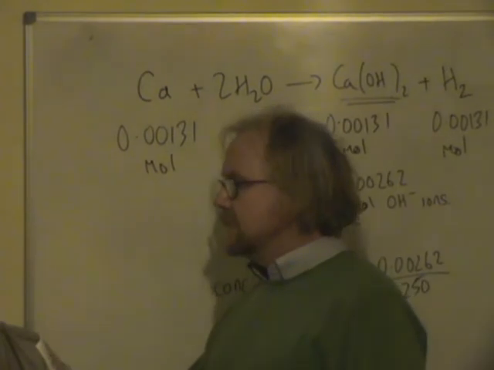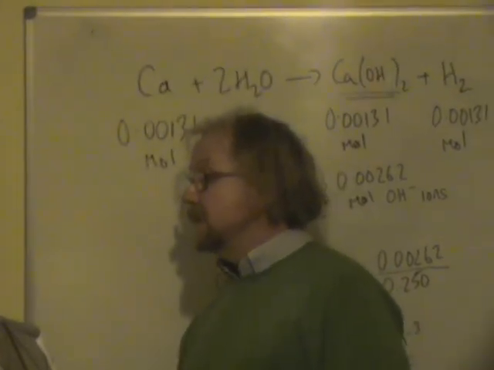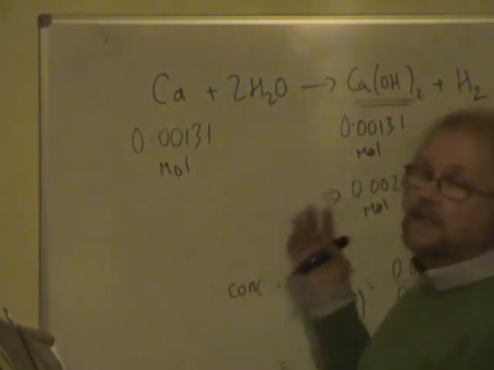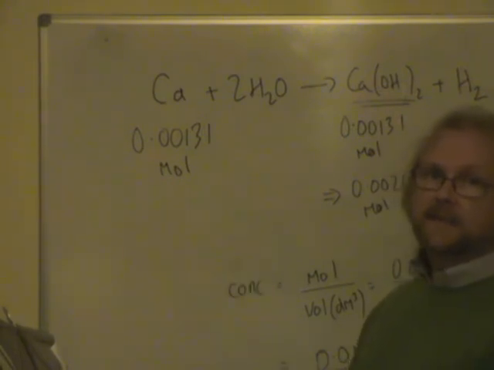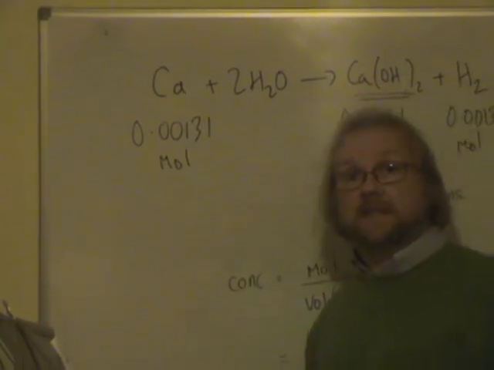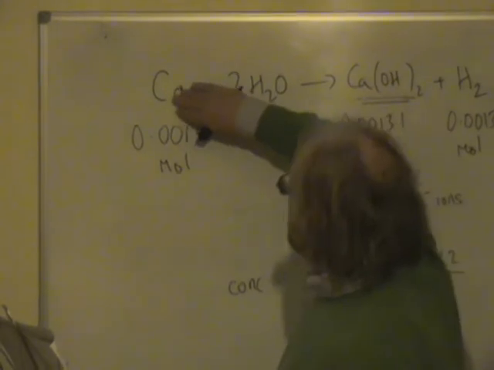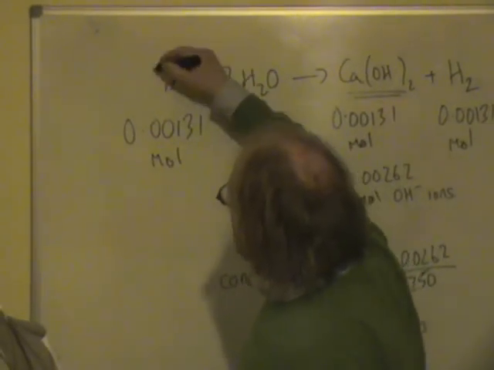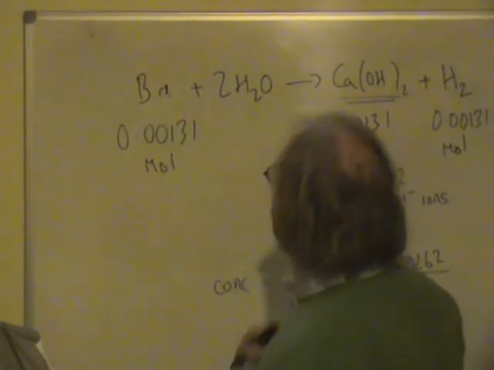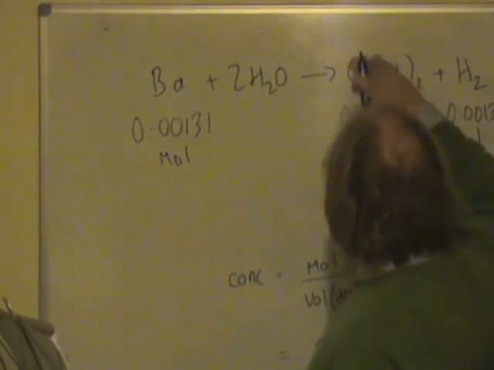Okay, next part says, okay, we did exactly the same thing, but now instead of calcium, we used barium. And the point is, barium is another group 2 metal. So the reaction is going to be the same, except that now we've got Ba instead of Ca.